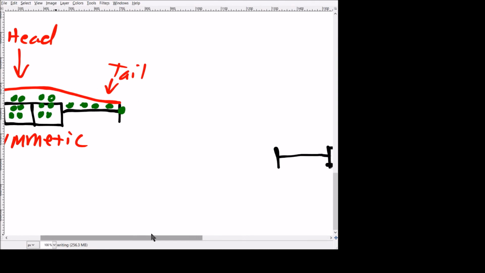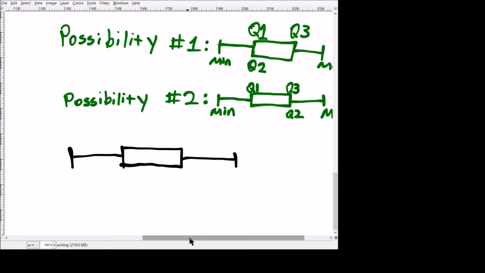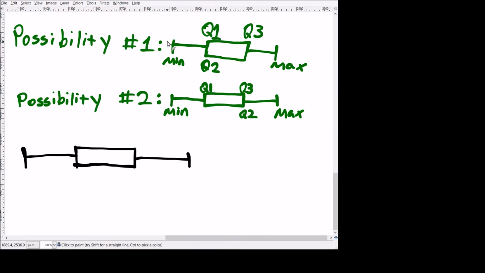Now, some things that kind of get complicated here is when you have these types of box and whiskers plots. These box and whiskers plots are a little bit more complicated because you can see that there's no clear evidence of where Q2 lies. So taking a look at what would happen here, we have 2 possibilities. There's one possibility where you have your minimum and maximum. You have your Q1 and Q3, which will always be the start of the box.